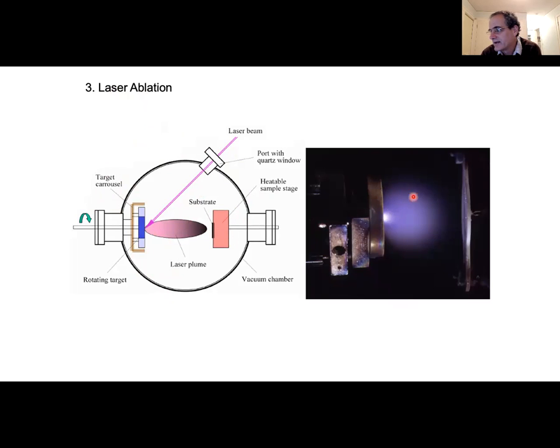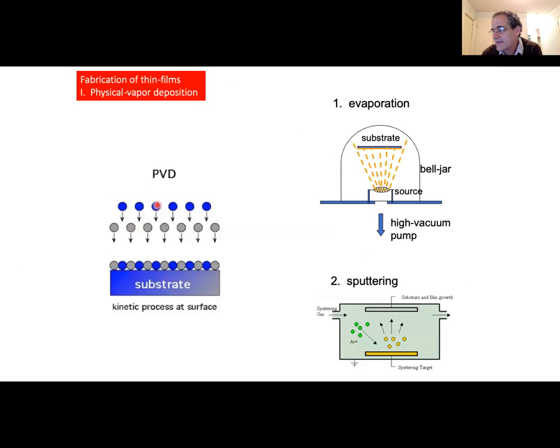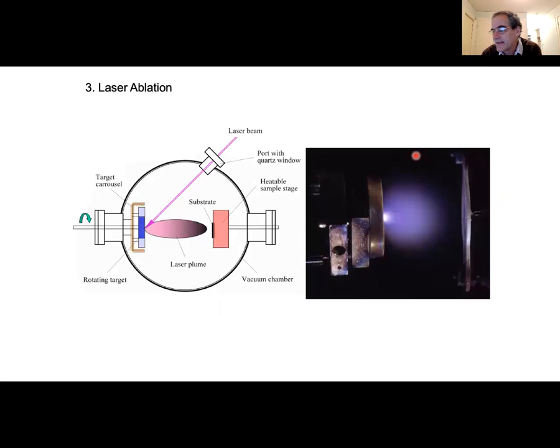Here's an image of laser ablation taking place. Sounds really dramatic, right? What's interesting, though, is that laser ablation is actually the softest and gentlest of all these processes. And thermal evaporation here, that's the most destructive, the harshest process. Anyway, laser ablation.